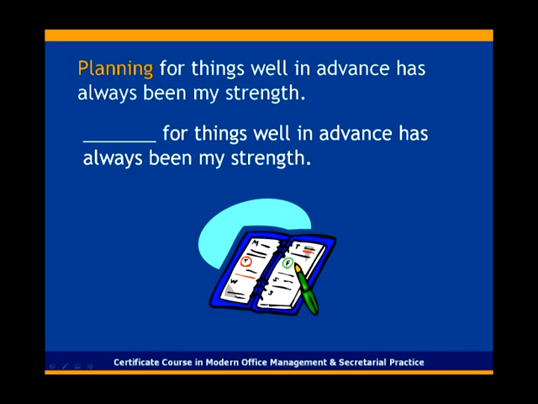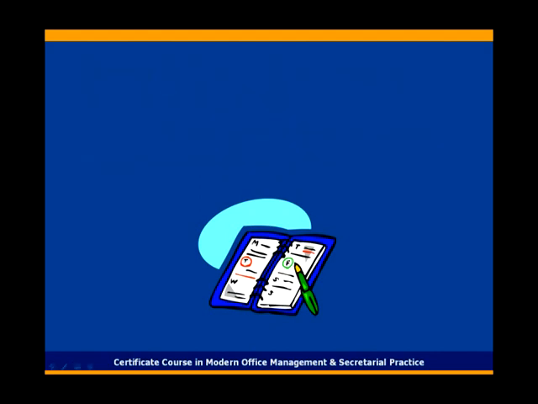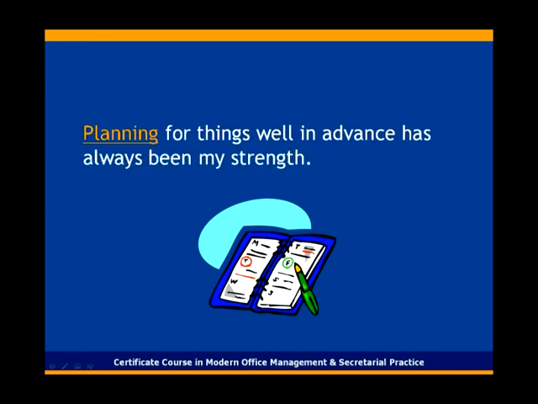The word what refers to a thing. Therefore, the word that would replace the word in my answer would take the form of a thing. So, the word planning could be used.